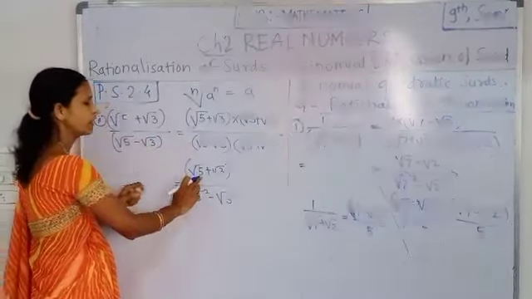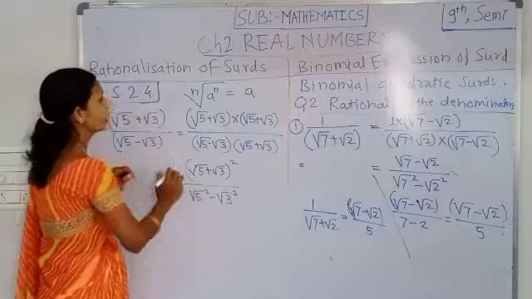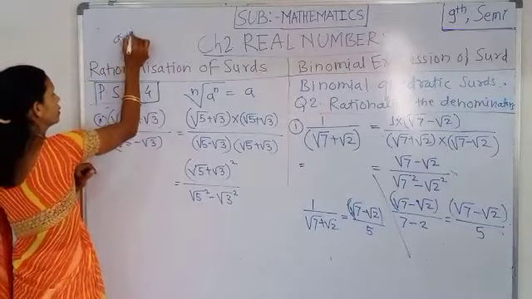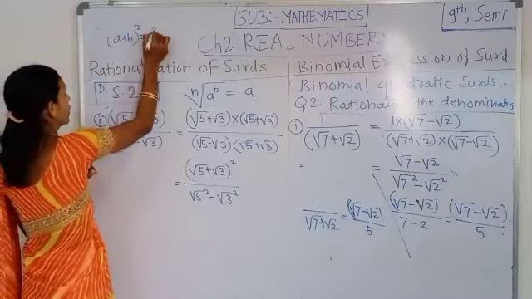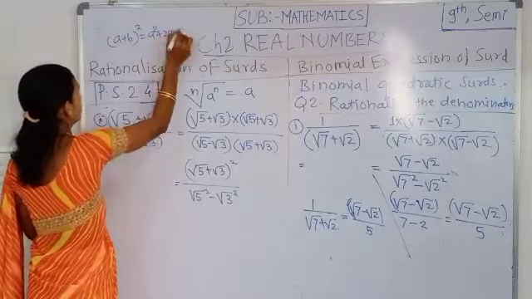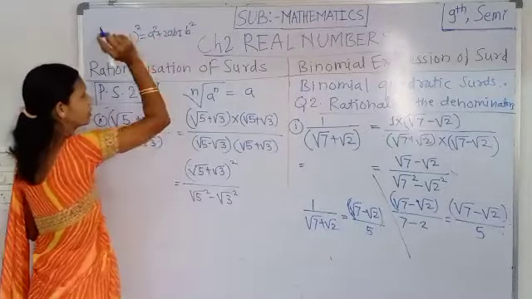Then it is like the (a plus b) whole square expansion. a plus b whole square is a square plus 2ab plus b square.